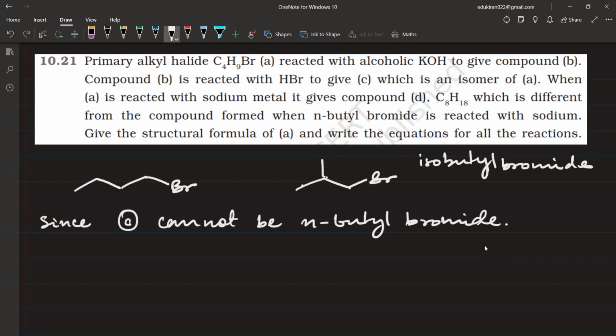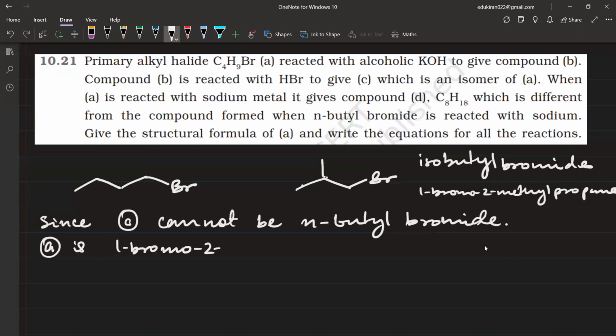So this will be 1-bromo-2-methylpropane. Okay, since A cannot be N-butyl bromide, A is 1-bromo-2-methylpropane. And then you will write the reactions.